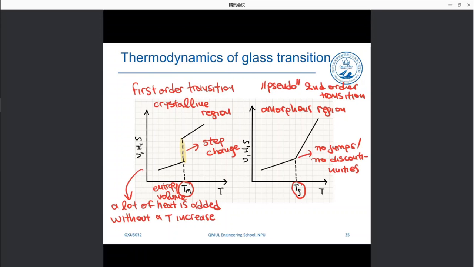But anyway, pseudo has to do with the fact that it depends on the cooling rate.